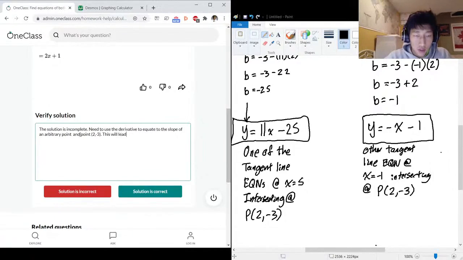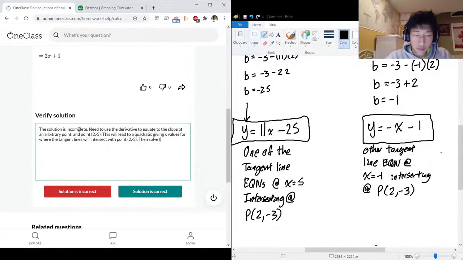This will lead to a quadratic giving x values for where the tangent lines will intersect with point 2, -3.